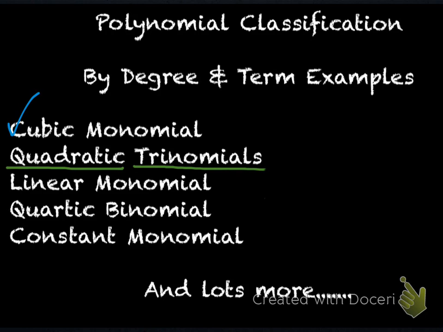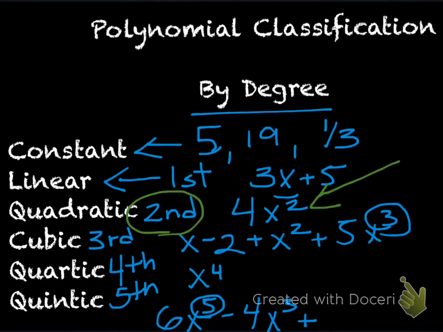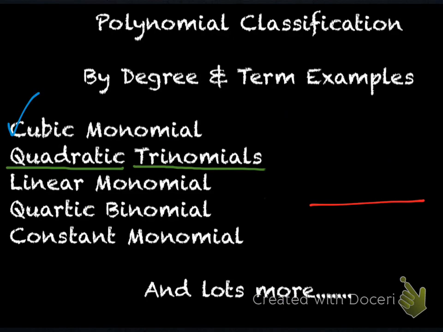Let's do the next one, linear monomial. Okay, monomial means one term. Linear, I'll look back, example of linear, something to the first power, an x that's raised to the first power. So, I have to have an x, 2x.